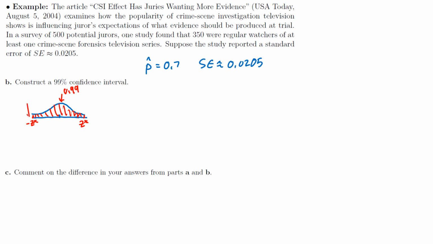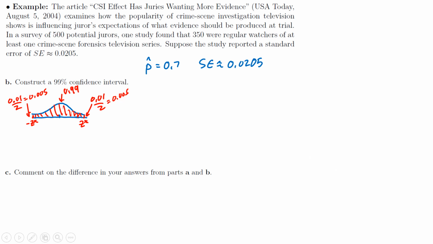So if that's the case, then there's only 1% left over, so half of that has to be on the left, and the other half has to be on the right.